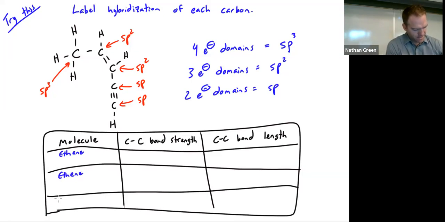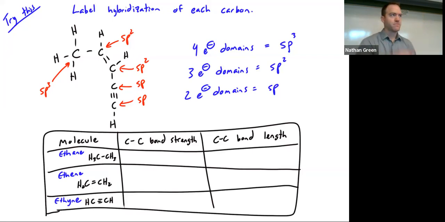Ethene and ethine. Ethane is a CH3 bound to a CH3, single bond. Ethene is a CH2 doubly bound to another CH2. And ethine is a CH triply bound to another CH. So single bond, double bond, triple bond.